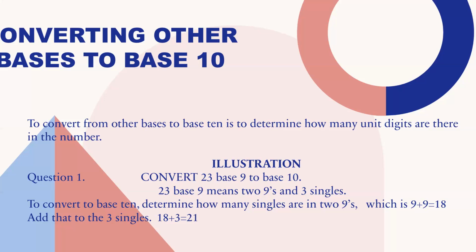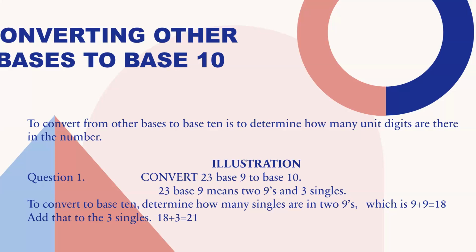So for instance, if you have 23 base 9, and then you are converting to base 10, using the idea of bundles of sticks, first you should understand what 23 base 9 means. It simply means that you have 2 bundles of 9s, then you have 3 singles.